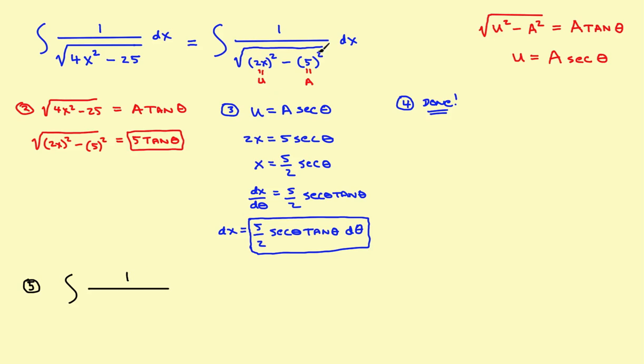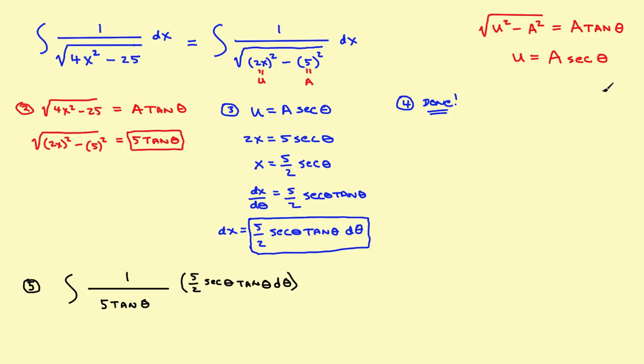Again, the whole square root turns into 5 times the tangent of theta. Then you've got times, the only thing left is dx, and dx turns into 5/2 the secant of theta, tangent of theta, d theta. So again, just replace each x with what it's equal to.